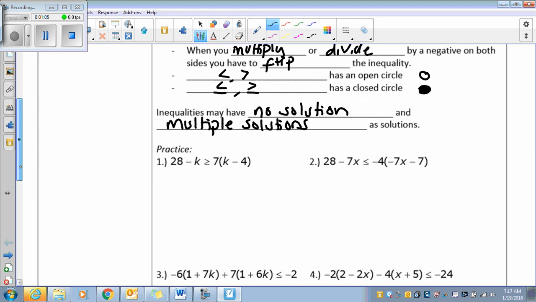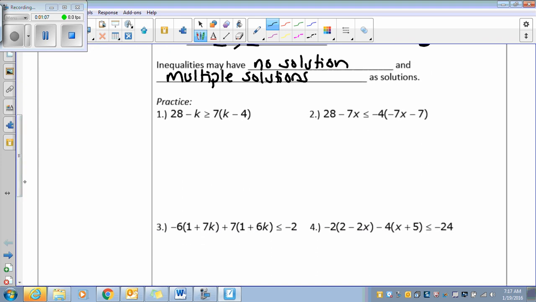Alright, so first let's review how to solve multi-step inequalities. It would be the same thing as what you would do to solve a multi-step equation. So the first thing you want to do is distribute. So we have 28 minus k is greater than or equal to 7k minus 28. Doesn't matter if we bring the variable to the left or the constants.